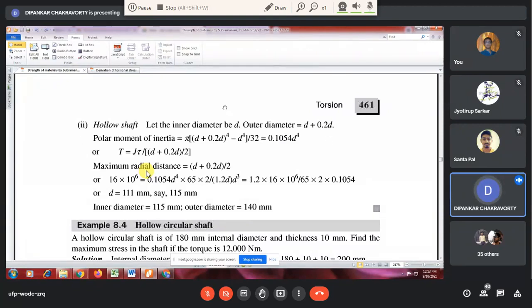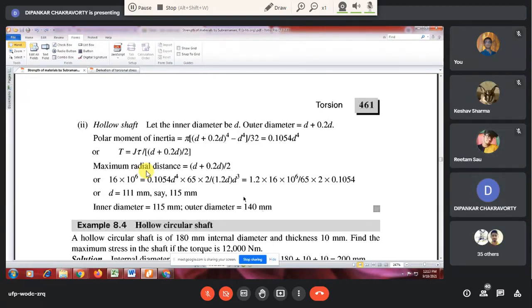In this way, if you can solve, then by equating to the maximum shear stress, you will get D equal to 111, say 115, and the outer diameter, whatever it comes, you just round it up, you get 140. Okay. Is it clear to you, my students? Yes, sir.